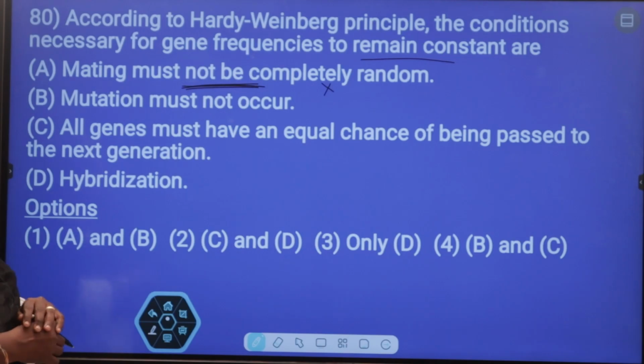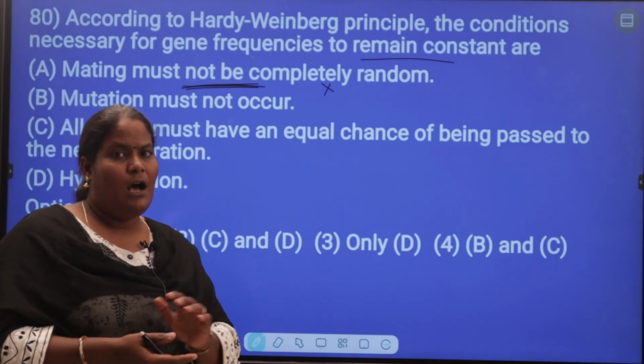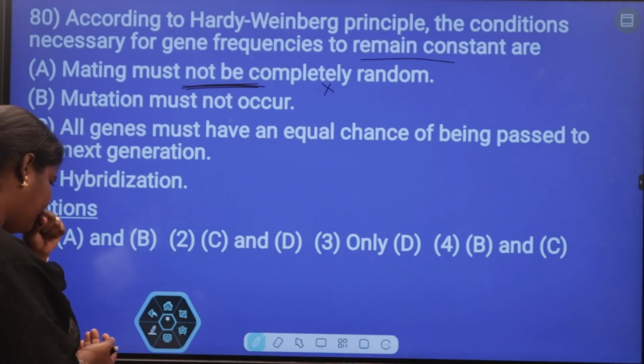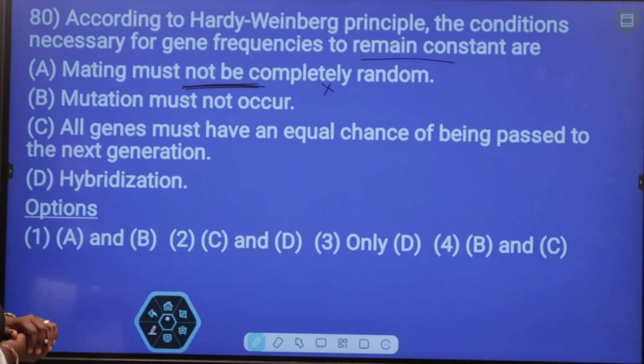Then, mutation must not occur. Yes, mutation is one of the factors which disturb the Hardy-Weinberg law, among the 5 factors. Next one, all genes must have equal chances of being passed to the next generations.